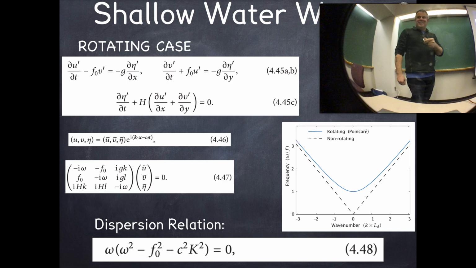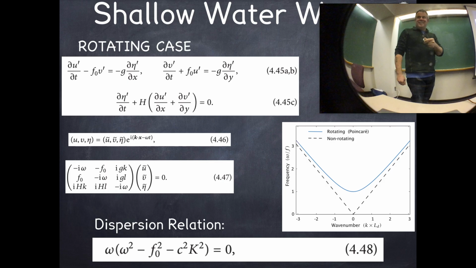One is that omega is a leftward traveling wave. And one is that omega equals 0, which is a steady geostrophic current. Omega equals 0 means neglect all the time derivatives, but hey, that's our geostrophic balance. So the geostrophic balance is hiding in the omega equals 0 root. Is everybody on board with how that works?